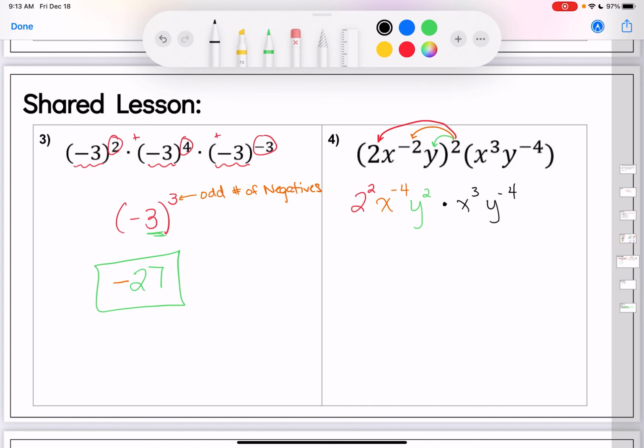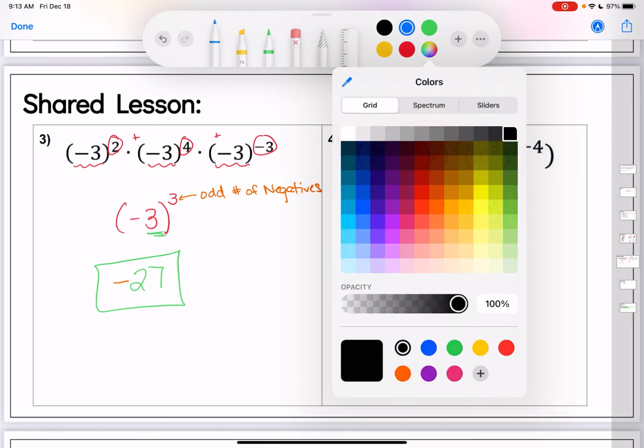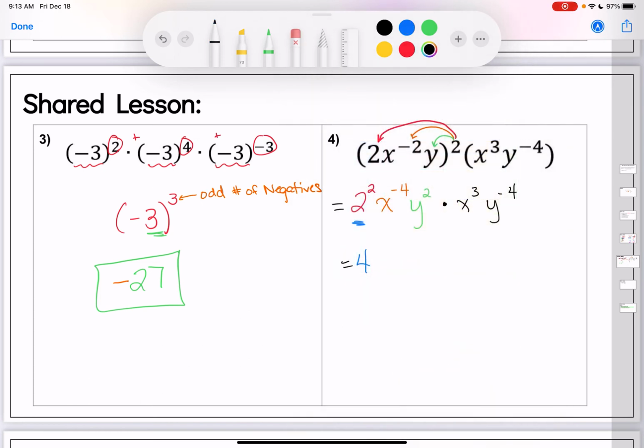All right, again, a couple of different ways you could go with this. You could move your negative exponents next, but since they're all on the same level right now, I think maybe I'm just going to combine my like bases and see if I end up with any negative exponents. First of all, I see a numerical base, so let's see, 2 to the second power will give me 4.